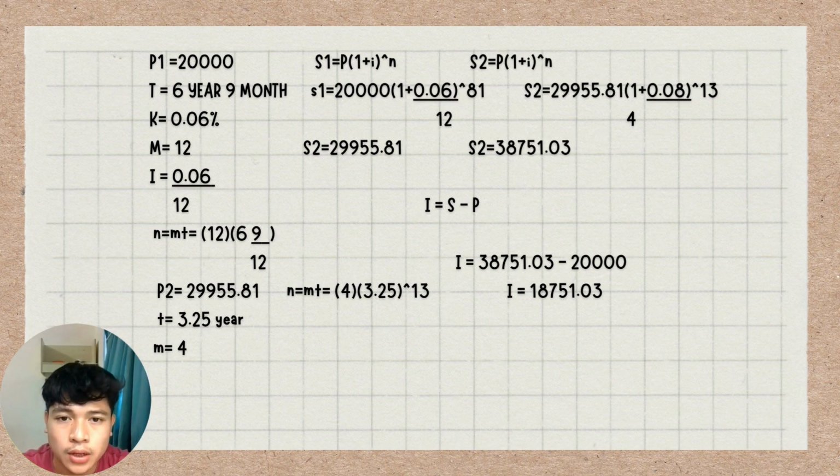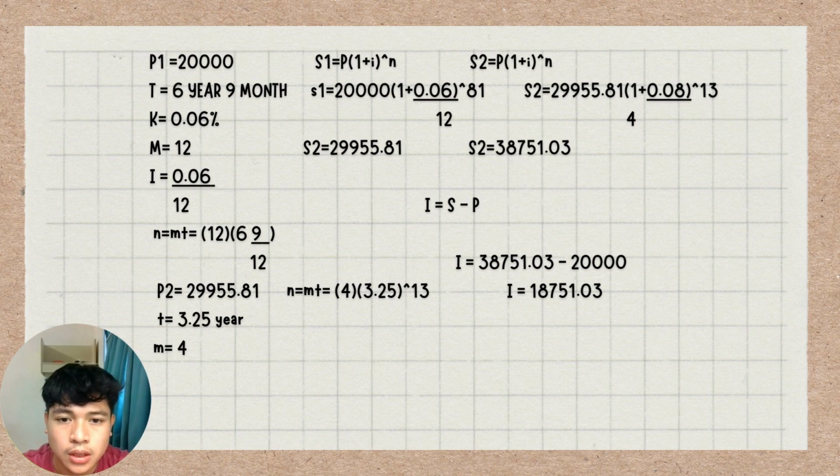I'm using the formula S2 equal to P open bracket 1 plus I close bracket to the power of N. S2 equal to 29,955.81 open bracket 1 plus 0.08 over 4 to the power of 13. Then I get S2 equal to 38,751.03.